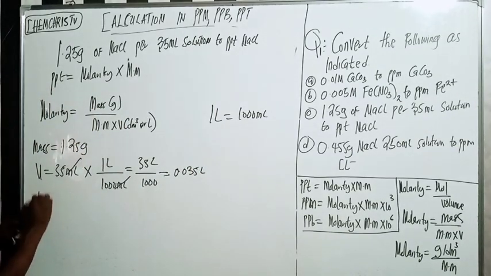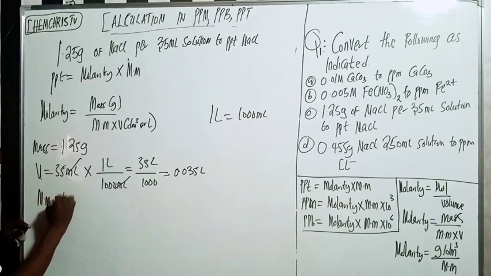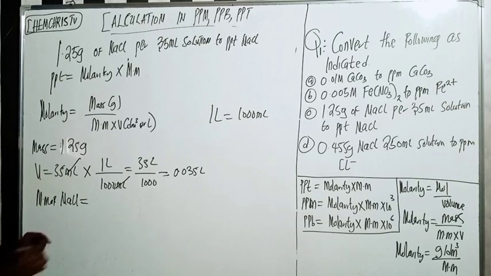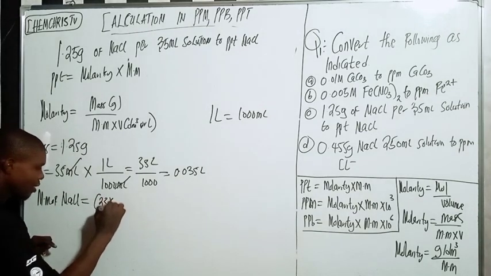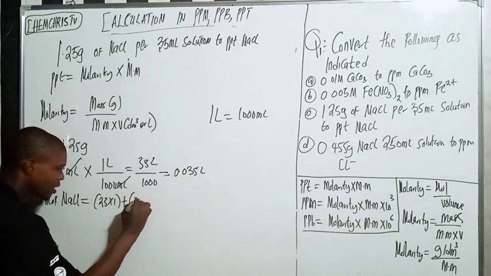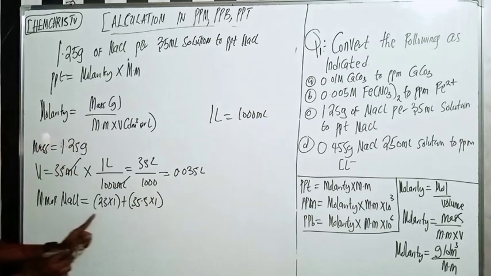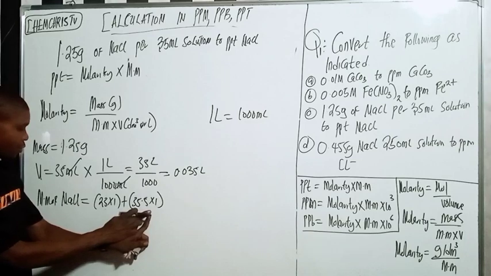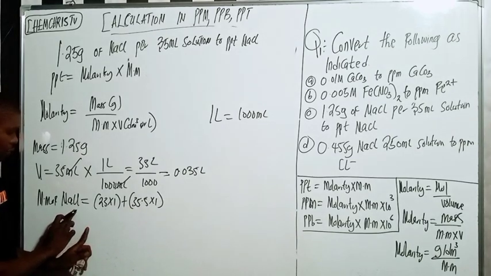Now let's calculate the molar mass of sodium chloride. It's going to be 23 times 1 plus 35.5 times 1. 23 is the atomic mass of sodium and 35.5 is the atomic mass of chlorine. Sodium has 1 atom and chlorine has 1 atom.